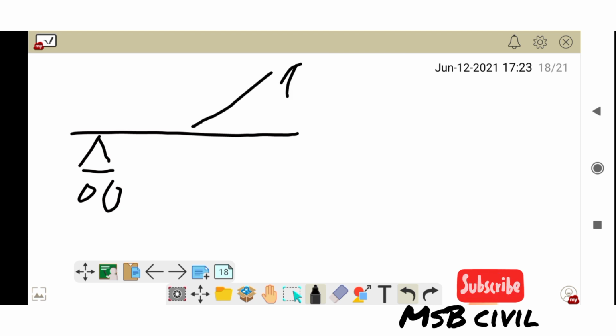When the load P acts, we get angle theta. The roller support is like a suitcase or a trolley. If the load acts, it deflects in this direction, creating the angle theta.